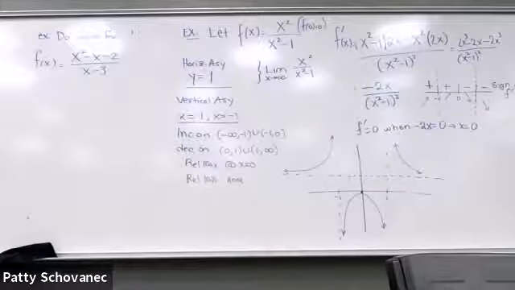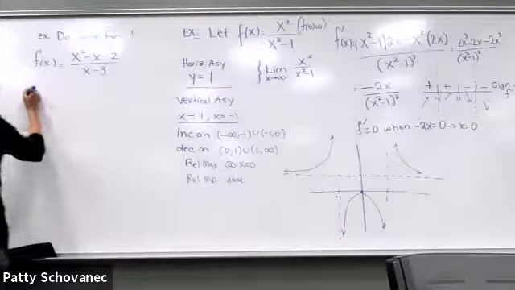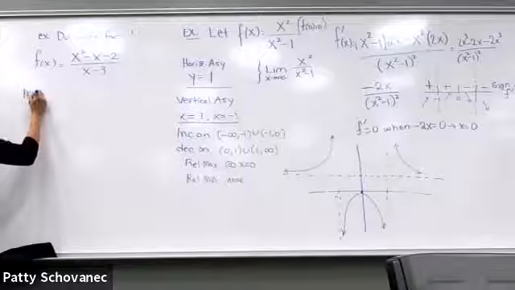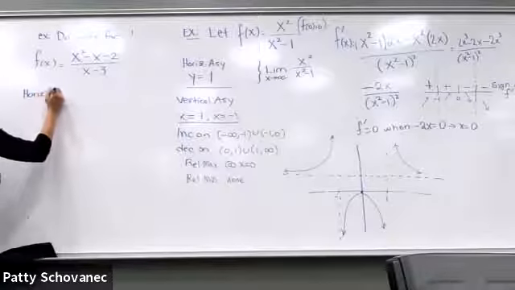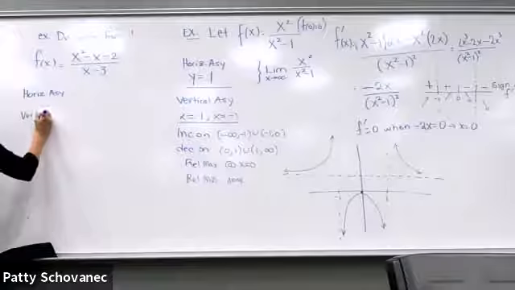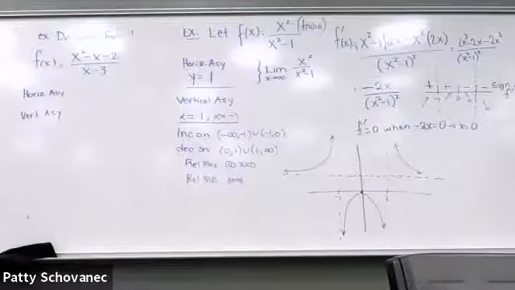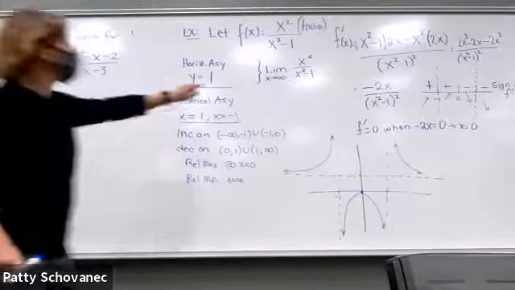So let's ask ourselves the same questions. Are there any horizontal asymptotes? Are there any vertical asymptotes? Horizontal asymptote comes from taking the limit as x goes to infinity.